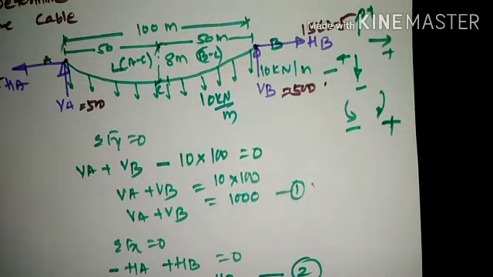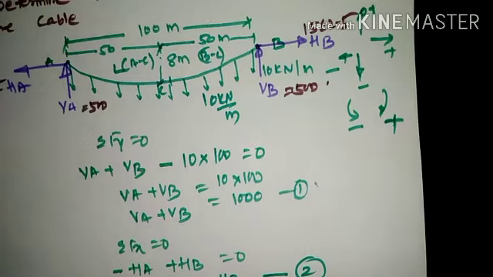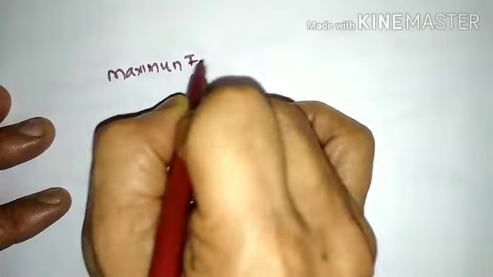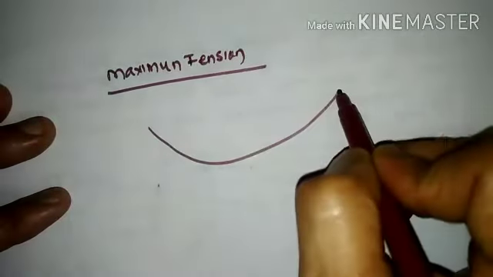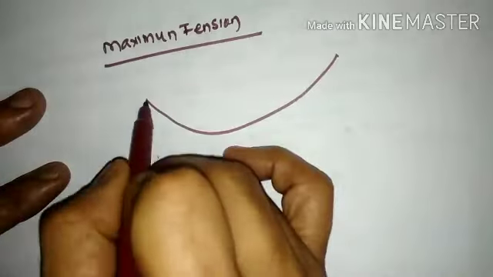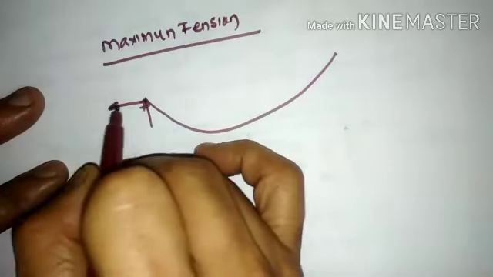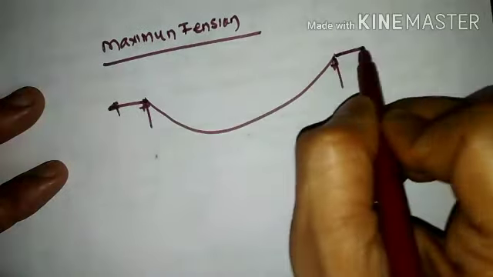Next part is to find out the magnitude of maximum and minimum tension. To find out maximum tension, I shall redraw this particular cable again. After redrawing the cable, I have reaction components at VA and HA, VB and HB.